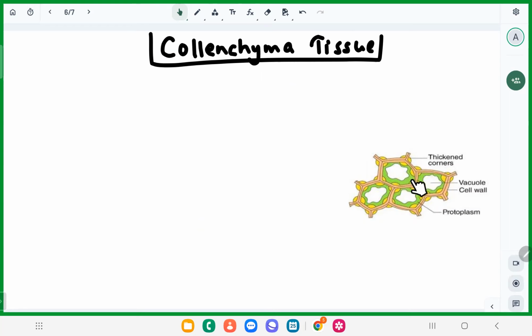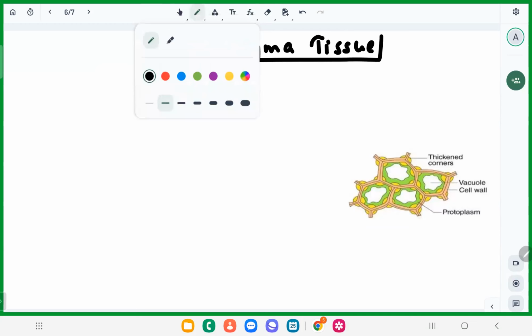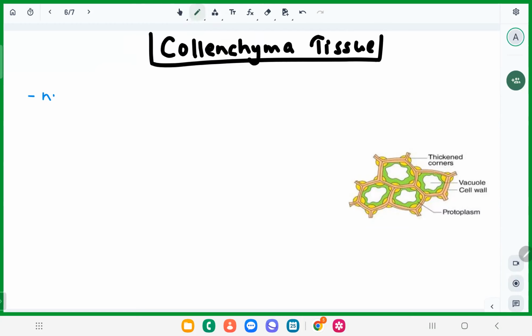If you consider this collenchyma tissue, these cells also have a nucleus. So these cells also contain a nucleus. So that means that these cells are definitely living cells. And if you look at these collenchyma cells, the most unique feature about them is their cell walls.